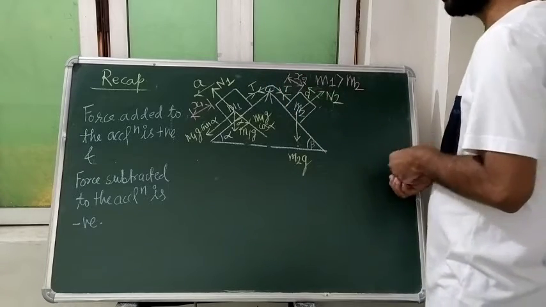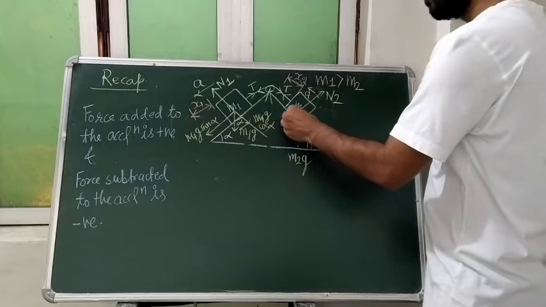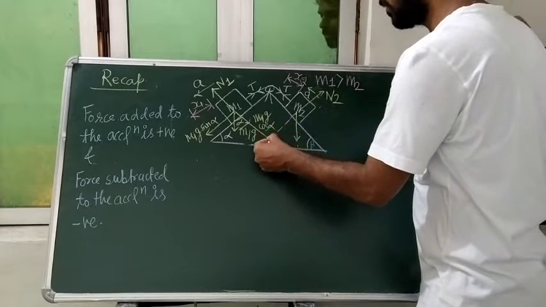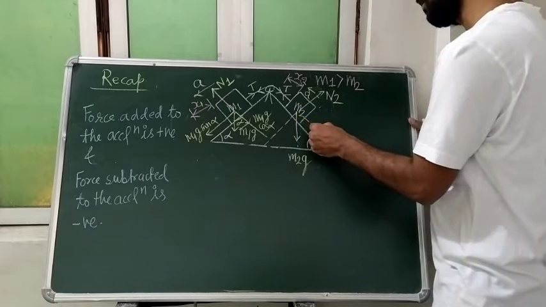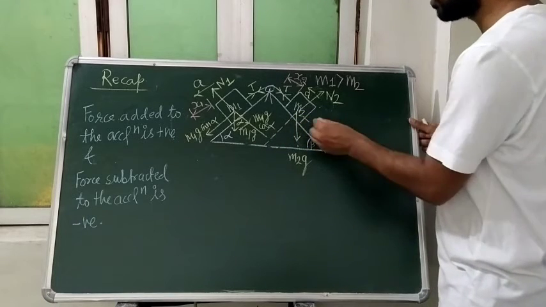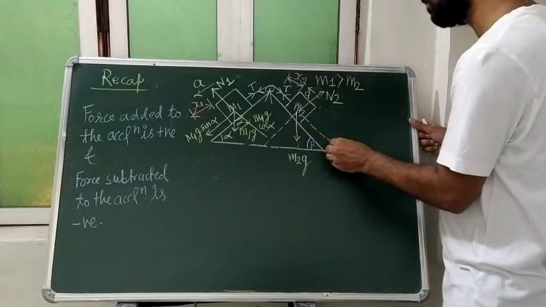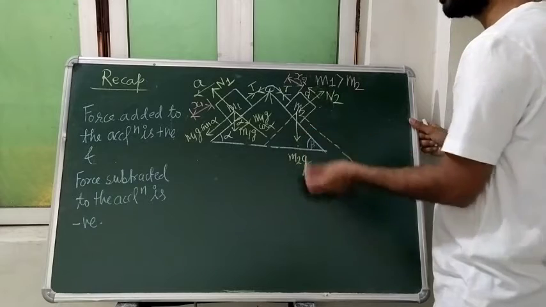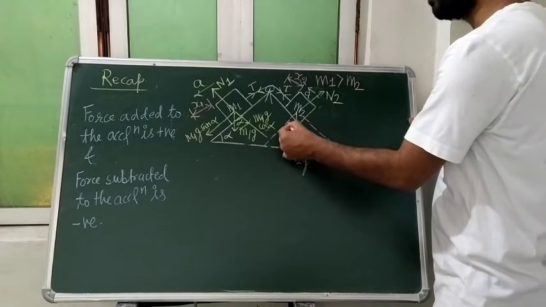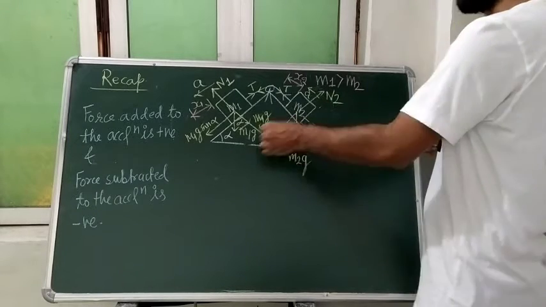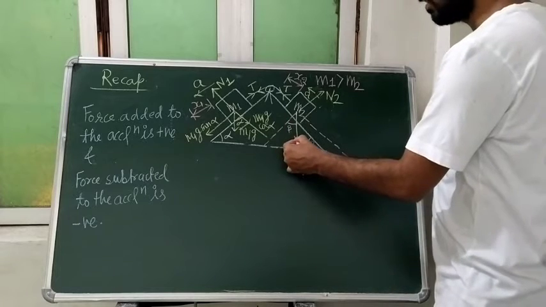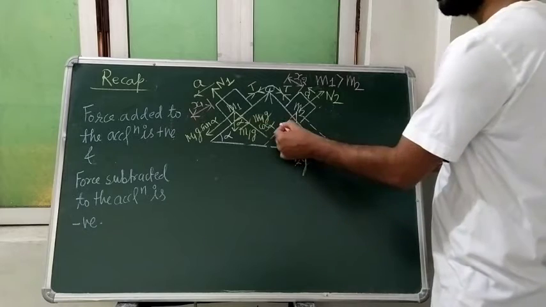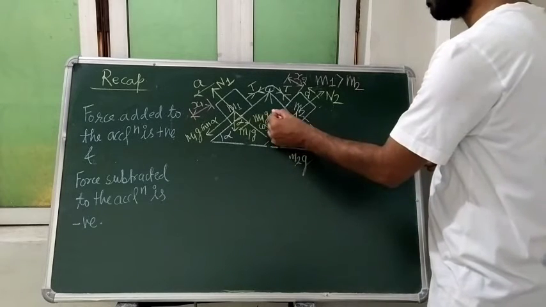And when will we resolve this M2g along the contact surface and perpendicular to the contact surface? We will resolve it, since it is not present either along or perpendicular to the contact surface. So this plane is making beta angle with the horizontal. That is why the force due to gravity will make the same angle beta with the perpendicular of the contact surface. And this will become our 90-degree angle. This side we will get what, student?